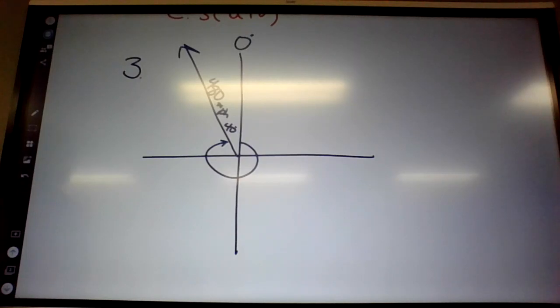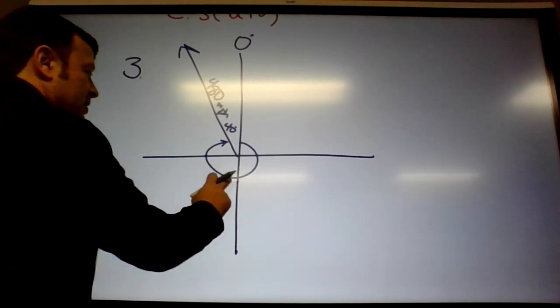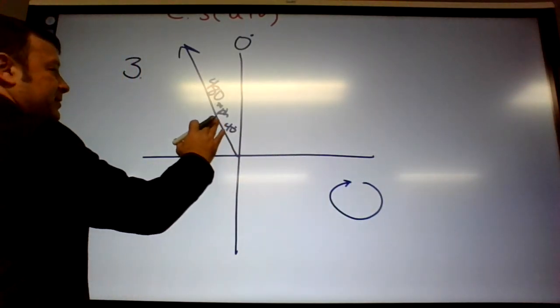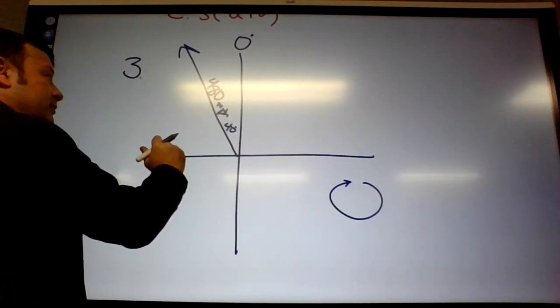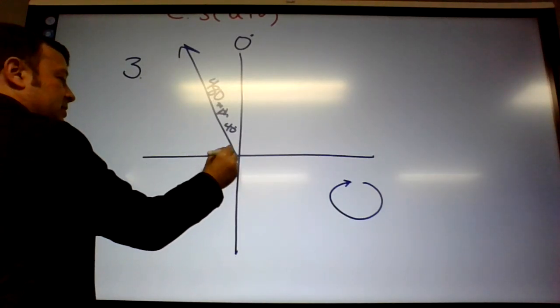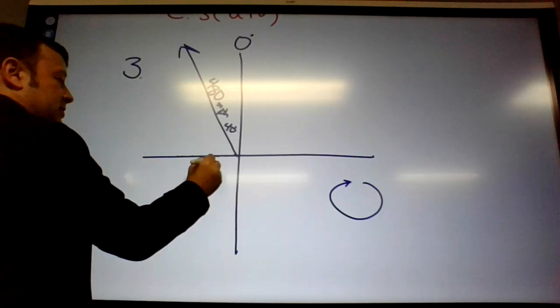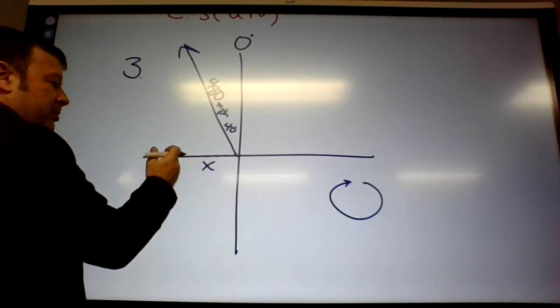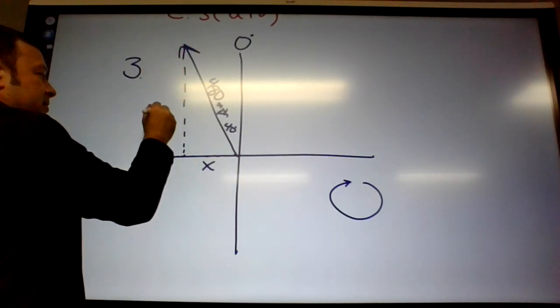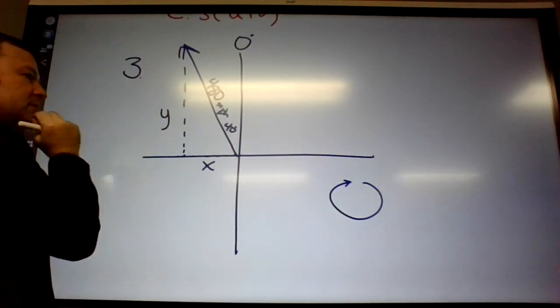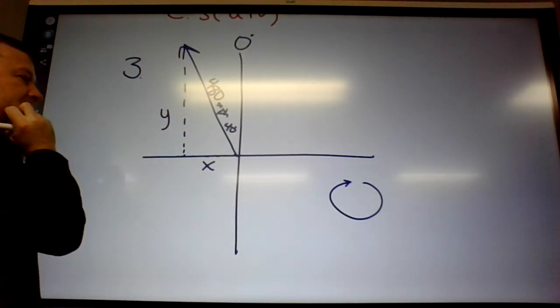Oh, it's a velocity vector. Okay. In other words, how far is this vector moving west, and how far is this vector moving north? So the west component would be like the x value basically, and the north component would be like the y value.